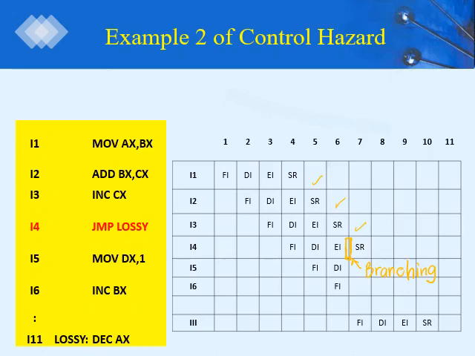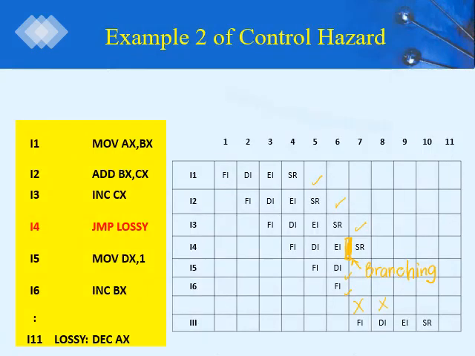But just before we arrive at time 7, I5 comes in with F1 and DI. I6 also comes in. As soon as time 6 finishes, nothing comes in. There's nothing here. Nothing comes in.